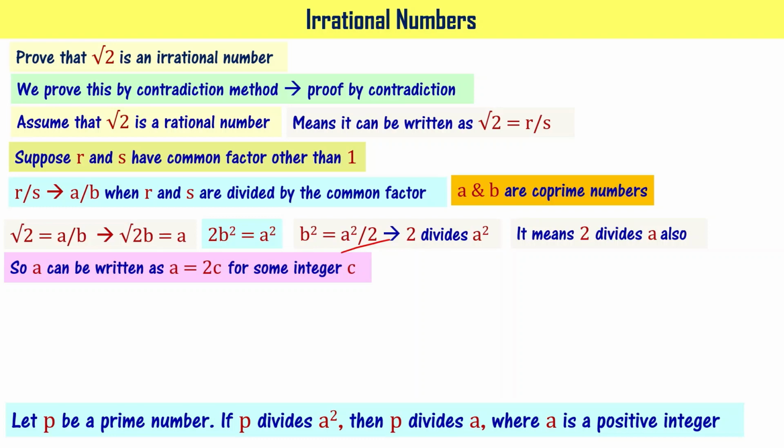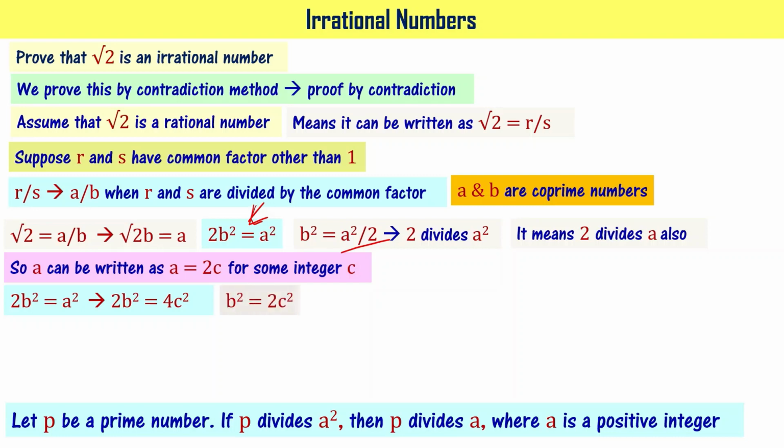So now I can say that a can be written as 2c, where c is some integer, right? We have seen that 2b square equal to a square already, right here. Let's substitute a equal to 2c into this equation. When you do that, you get 2b square equal to 4c square, right?